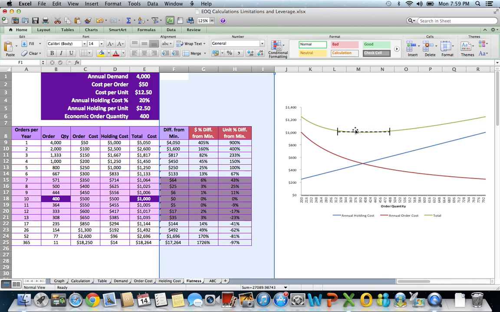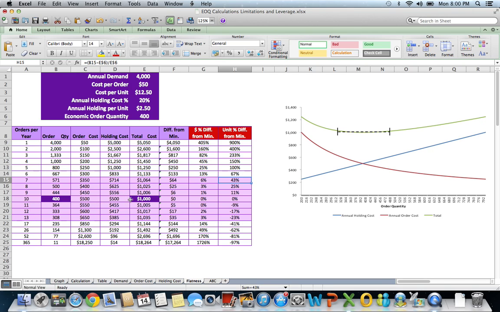It really doesn't matter that much when you start to look and see that this line is quite flat. A difference in 43% of the units equals 6% of the cost on the high side, and 23% of the units is 3% of the cost on the low side.